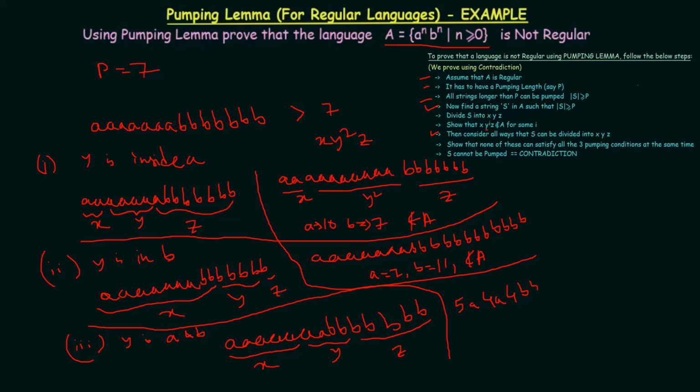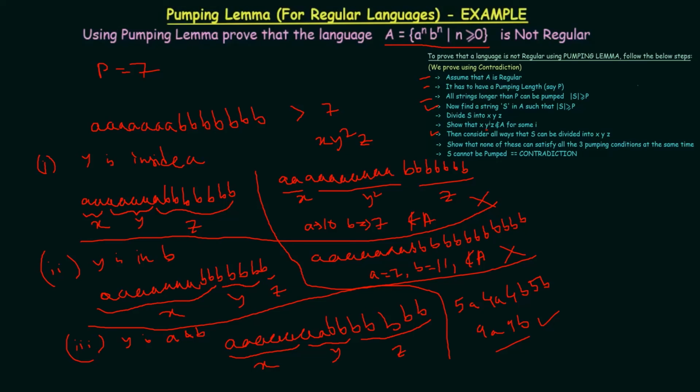So in total it is going to be 9 a's and 9 b's. So in this case it might get accepted, but in these two cases it is not getting accepted. So for some i, this is not acceptable.